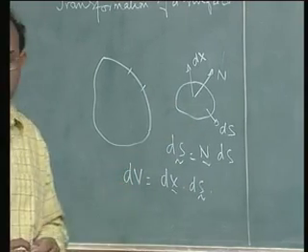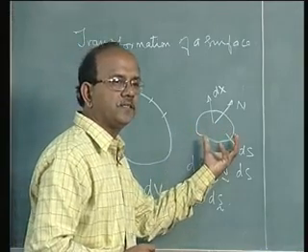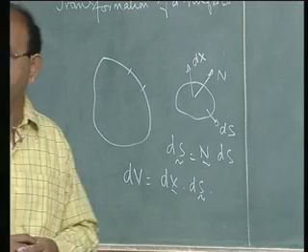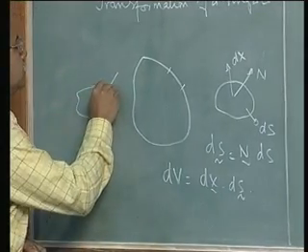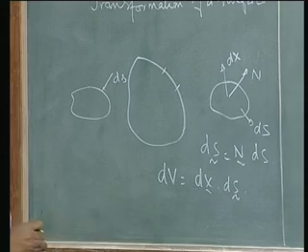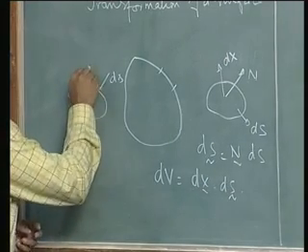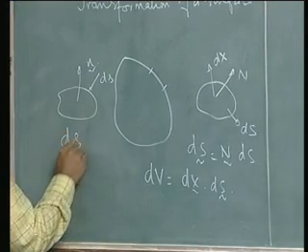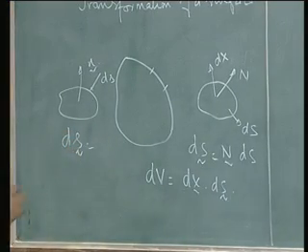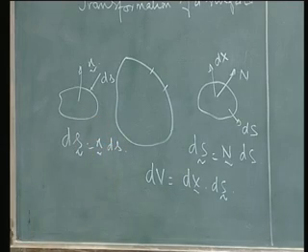Now let us say that this surface, due to the transformation, gets transformed to small ds, such that the normal becomes small n, and the surface can be written as ds equal to n ds.